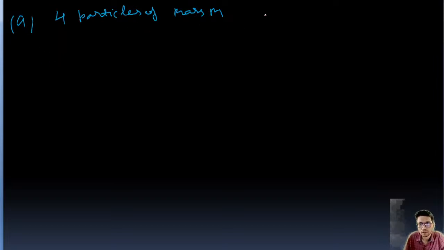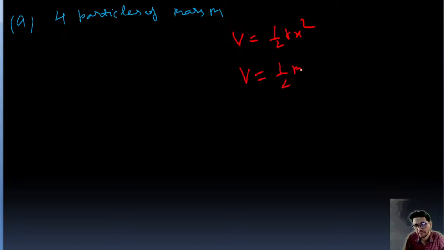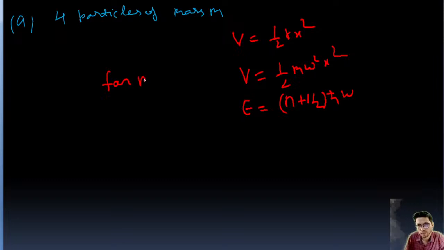The potential is given as half kx squared, or for a particle of mass m, the potential is going to be half m omega squared x squared. Now the energy for particle m is going to be (n plus half) h cut omega. This is for mass m. This you need to understand, guys, very important.